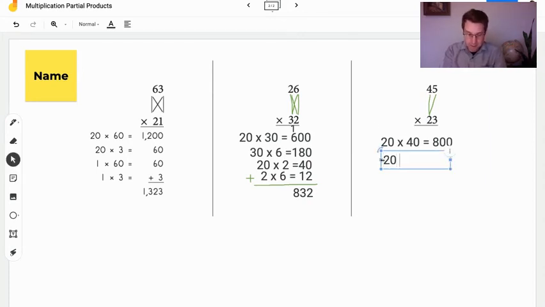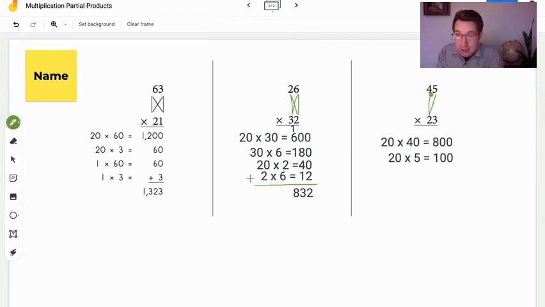Okay, 20 times 5. 20 times 5 is, well, 2 times 5 is 10, but this isn't 2. That's 20, so it's 10 times greater. It must be 100. You probably also know that off just from all the fractions we were doing last unit. 20 times 5 is 100. Next, I'm going to do my tens place up here times my ones place down there.